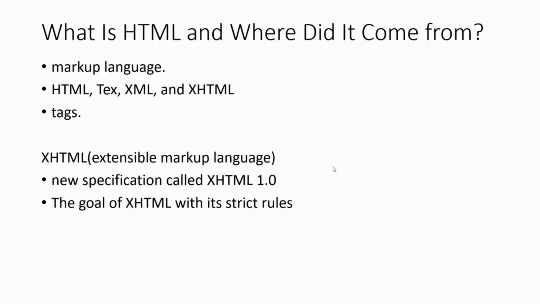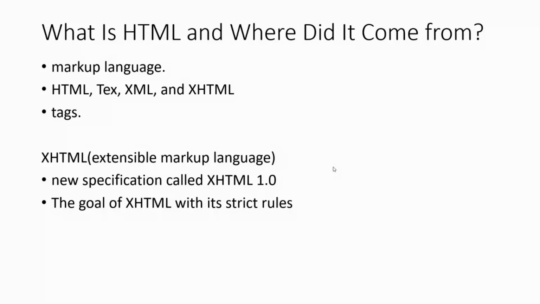In HTML, we don't follow very strict rules. Even if you are not following the proper structure or not using some syntax, it will still accept it and you can get the output.